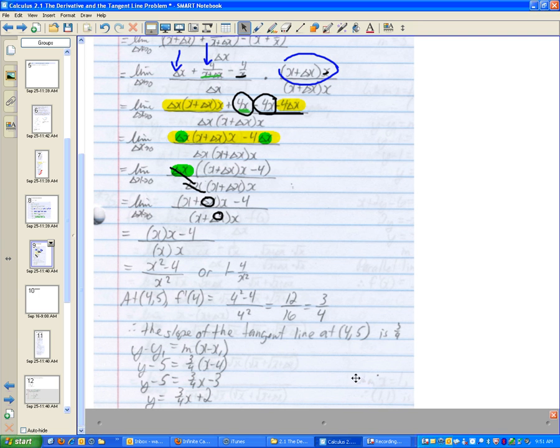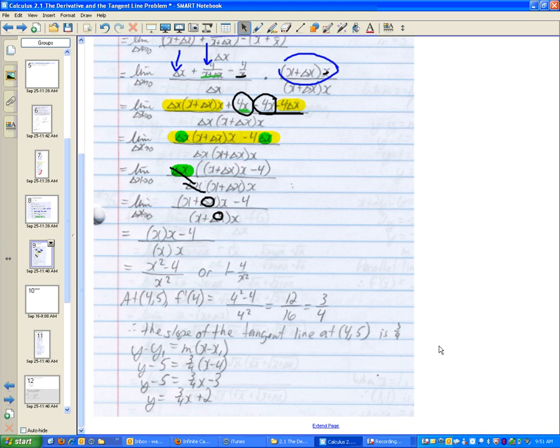And that's our equation of the tangent line to the graph of f of x at the point (4, 5). And we are now finished with part A.